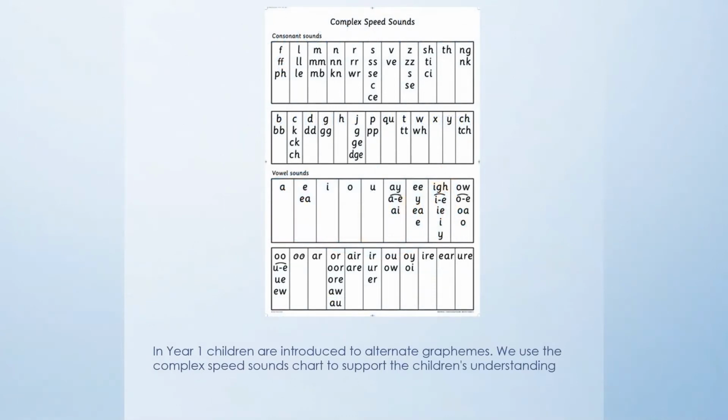So here we can see we've got all of our sounds on a complex speed sound chart. This chart shows all of the set 1, 2 and 3 sounds. The set 2 sounds are where we start to look at what we call digraphs. This is where 2 letters are making one sound. So you've got the sounds ay, ee, ow, oo.